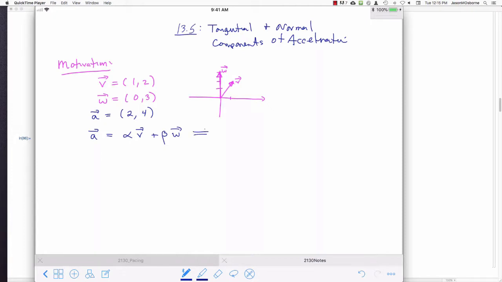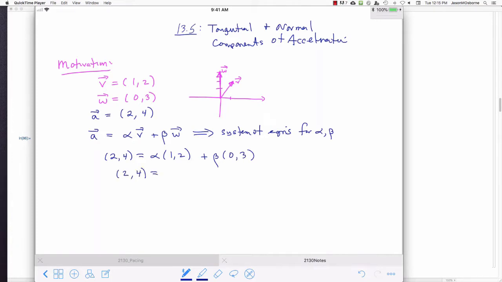And that would lead you to a system of equations that you had to solve for the numbers alpha and beta. So for example, you would do 2, 4 equals alpha times 1, 2, plus beta, some number we don't know, times the vector w, which is 0, 3.